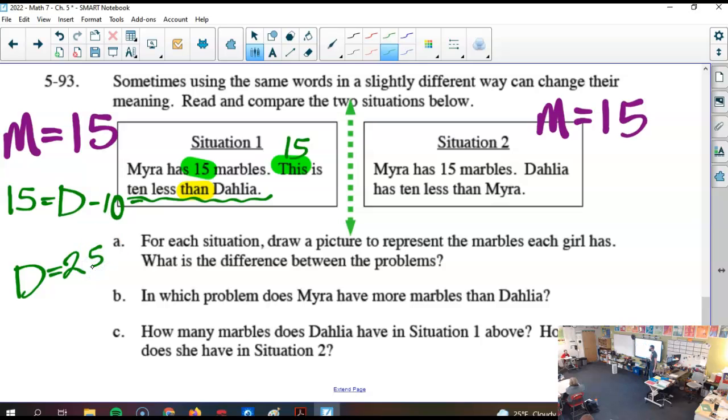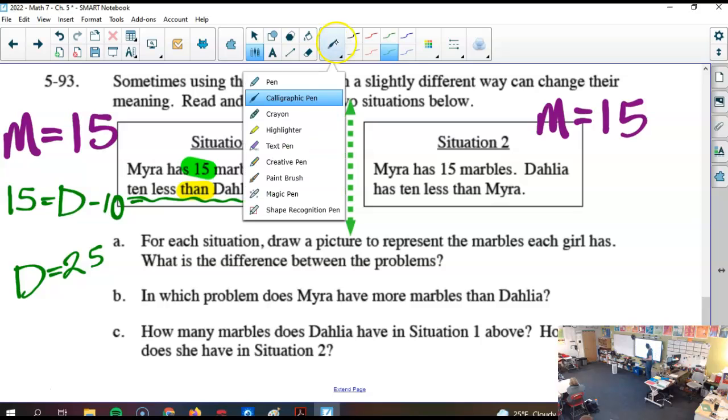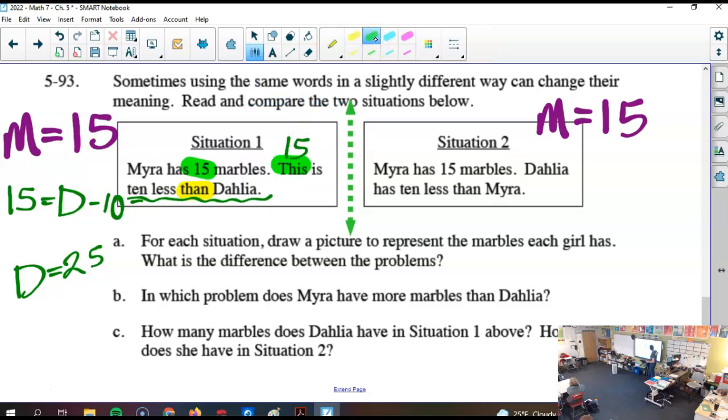Whereas over here, what's different about this situation? It's saying that Dahlia has 10 less than Myra. So when they say Dahlia has, that's D equals. Guys, I'm expecting this stuff to be written on your paper, so if it's not, you might want to catch up.